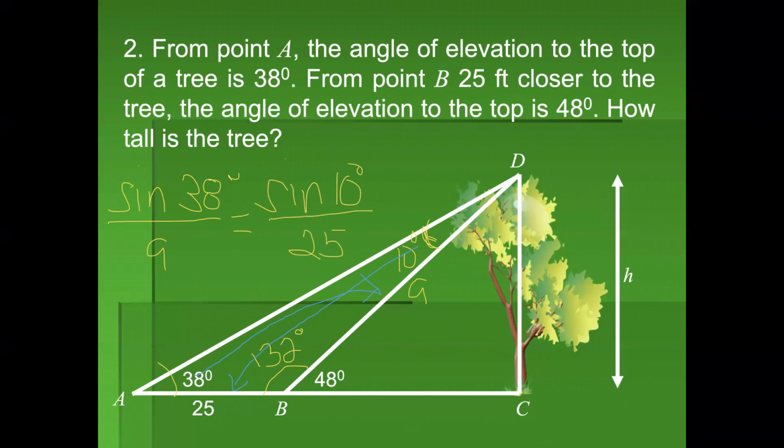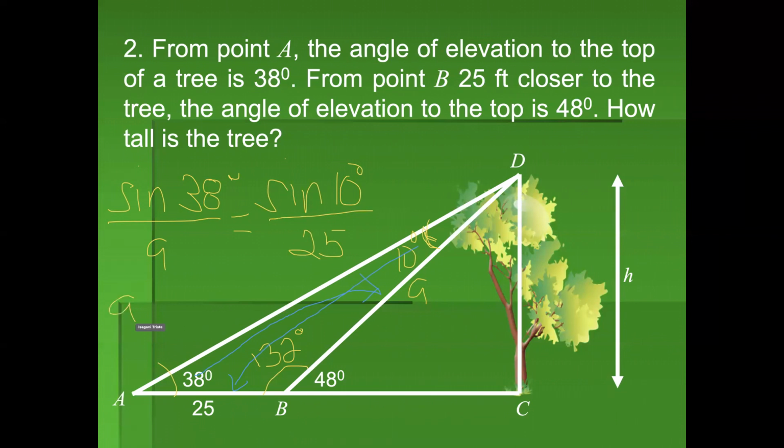So when we simplify this, we can say that A can be solved by 25 sine 38 all over sine 10. Again, A is equal to 25 sine 38 all over sine 10.